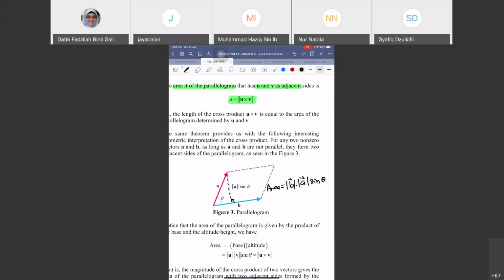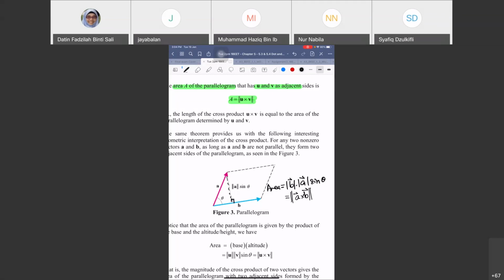So basically, this is the same as A cross B or B cross A, it doesn't matter, it will be the same thing. Because what you have is magnitude, because area is a number. So you must have this magnitude, because A cross B is a vector.